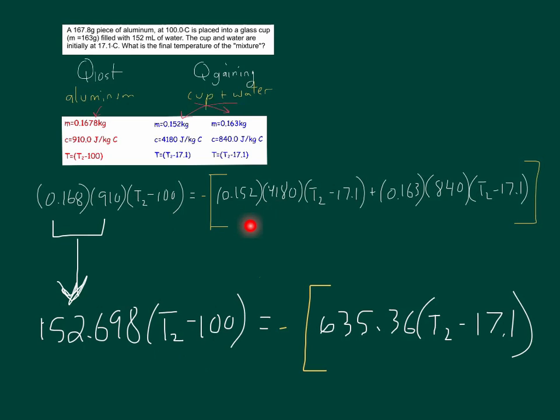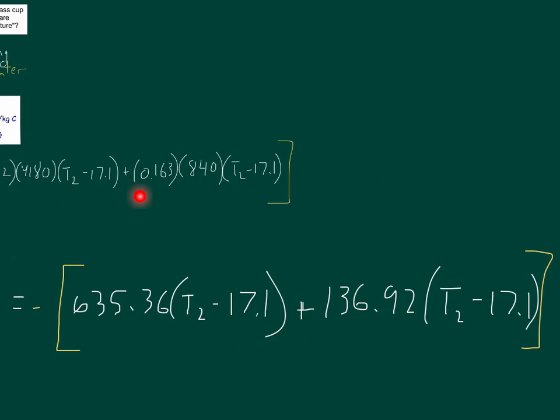Okay, so now if we multiply these two terms right here, we will get 635.36, and we have the binomial T2 minus 17.1 is still there. And finally, if we multiply 0.163 times 840, we'll get 136.92, and the binomial of T2 minus 17.1 is still there. So we've done some simplification.